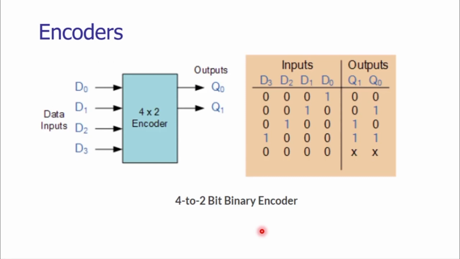To understand this concept, let us look at a typical arrangement of a 4 to 2-bit binary encoder. Here we have 4 input data lines D0, D1, D2 and D3. These input data lines are nothing but the outputs of the comparators. So we have 4 comparators attached here: comparator 0, comparator 1, comparator 2, comparator 3.